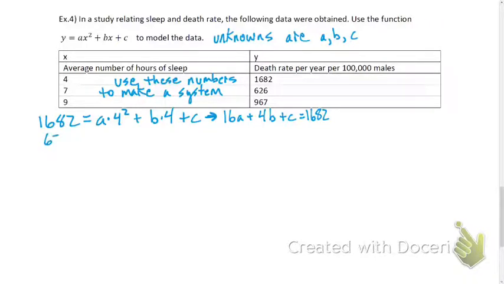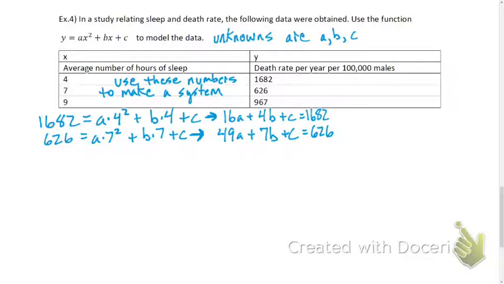We know 626 equals a times 7 squared plus b times 7 plus c, which is 49a plus 7b plus c equals 626.